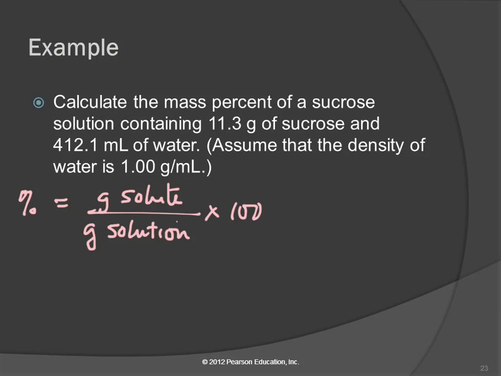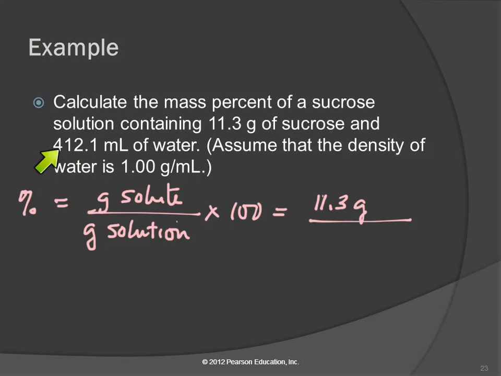What is the mass of the solute? 11.3. There's 11.3 grams of sucrose, that's the sugar. What's the mass of the whole solution? Did they tell it to us specifically? No, they're going to make us calculate it.